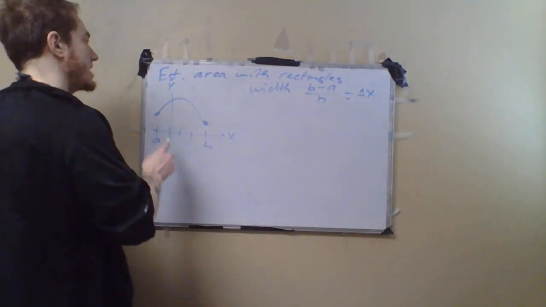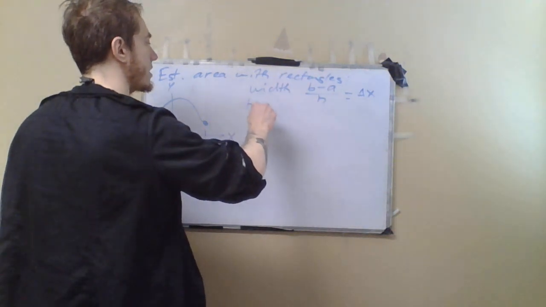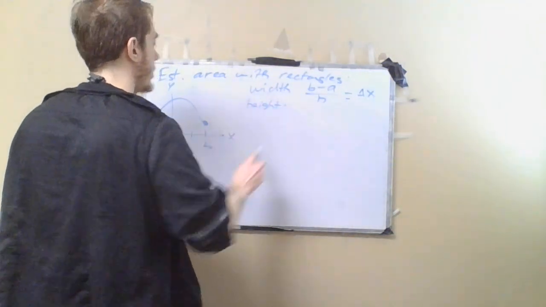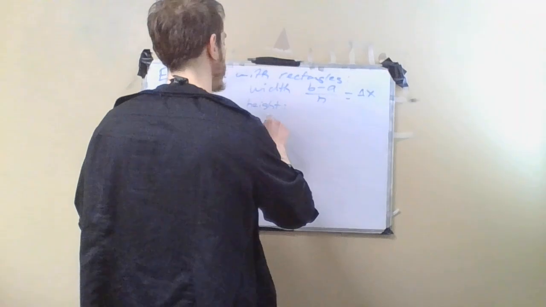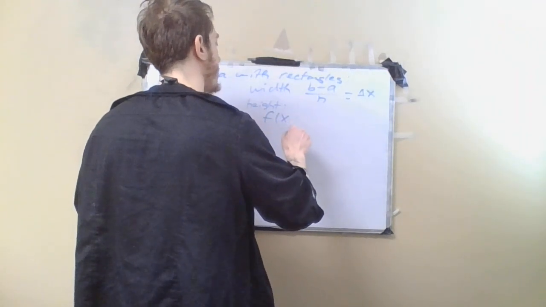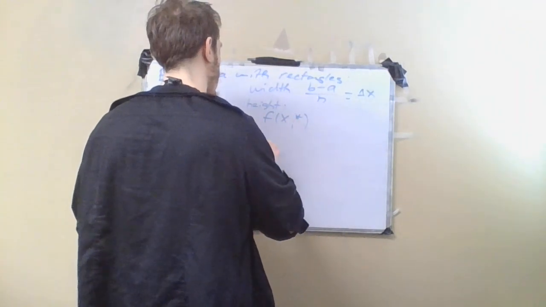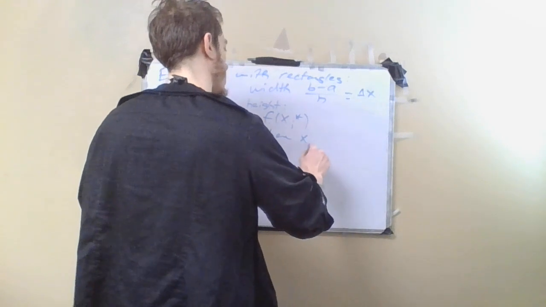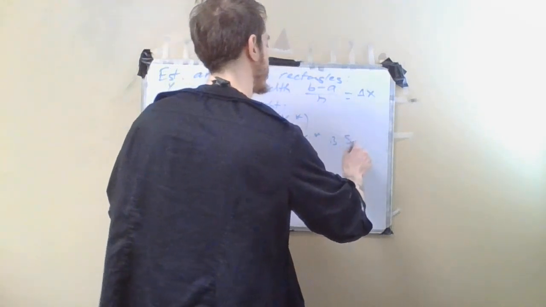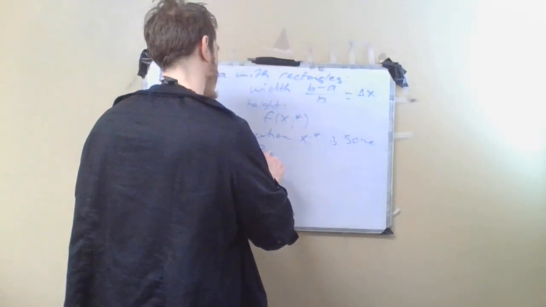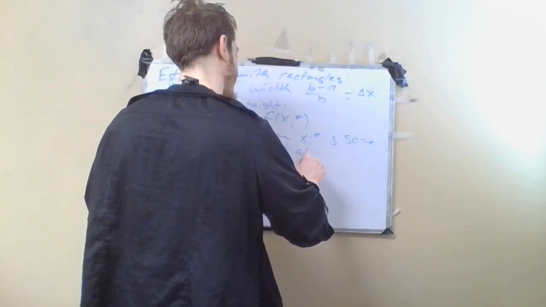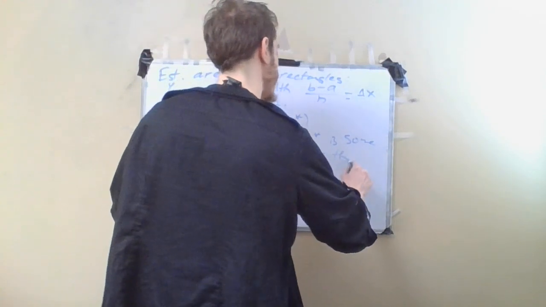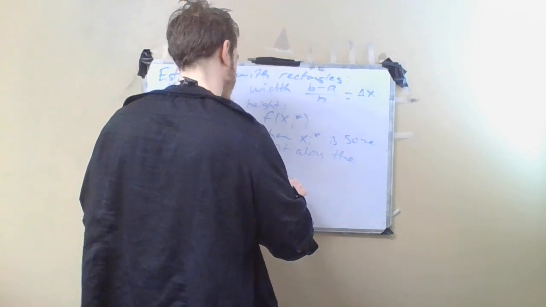And then what I need to do is pick the height of my rectangles. For the height, I'm going to choose them to be f of what I'm going to call xi star, where xi star is some point along the ith base.